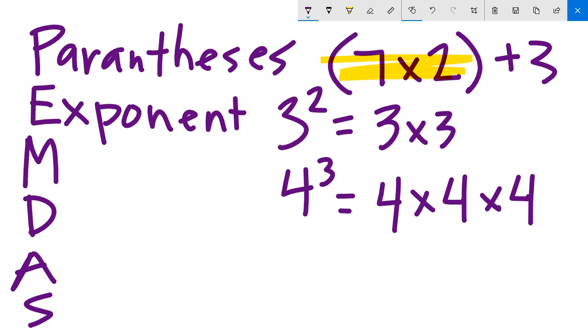That's what exponent stands for. So for the 3 to the second power, this would be 9. For 4 to the third power, you do 4 times 4, which is 16, times 4, which I don't know what that is off the top of my head. But whatever your answer is, that's going to be that exponent. So you solve that. The next one is multiplication.